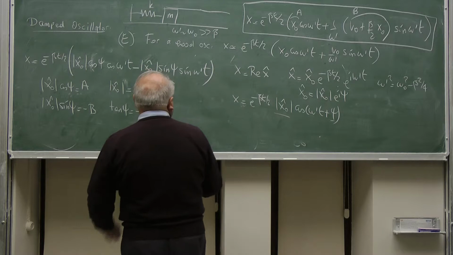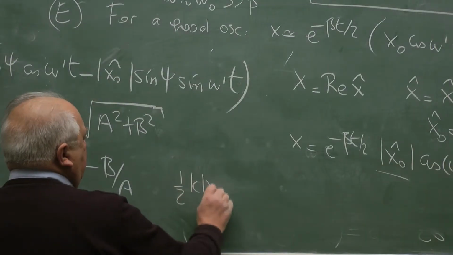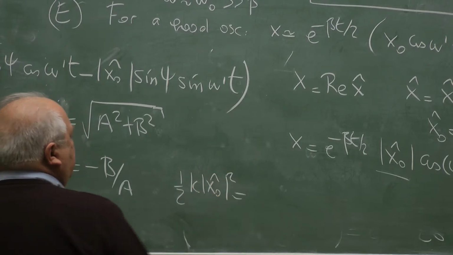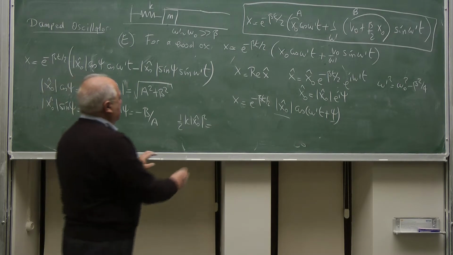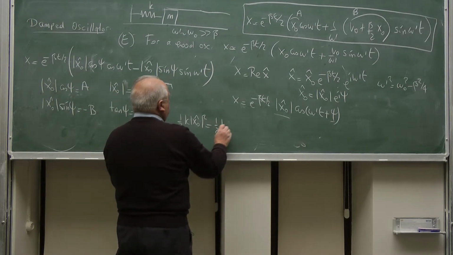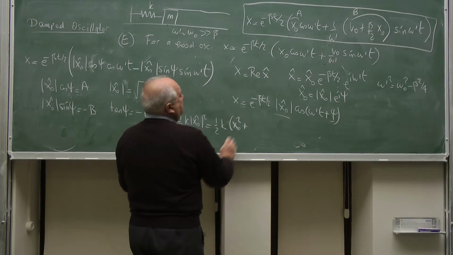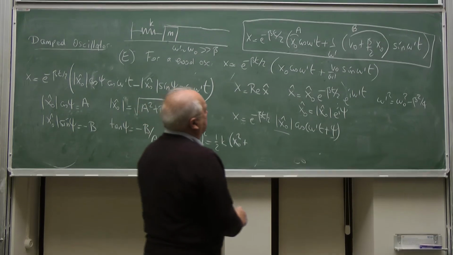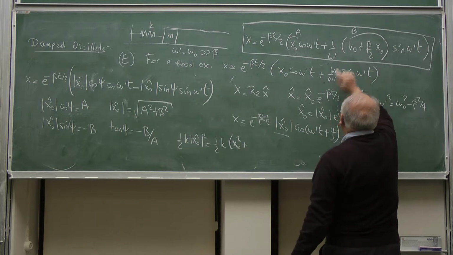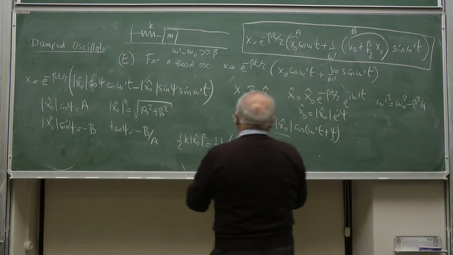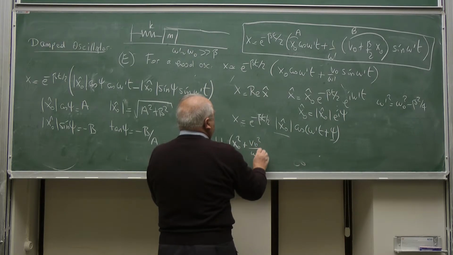Okay. So again, let me just compute, for example, for this good oscillator, 1/2 k x0 square. What's that? Well, A square and B square are there. 1/2 k times x0 square plus, so I'm considering for the good oscillator, I will neglect beta over omega prime, k v0 square over omega prime square.